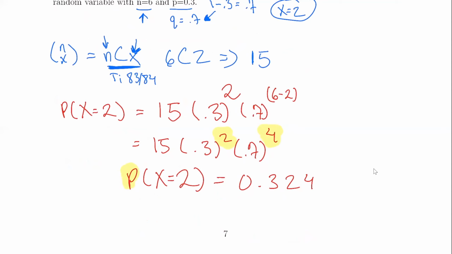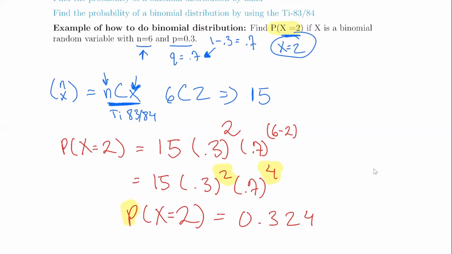So I'm going to show you a way to double check your answer using your TI-83 or TI-84. So first thing you want to hit your second button, and then hit where it says VARS.